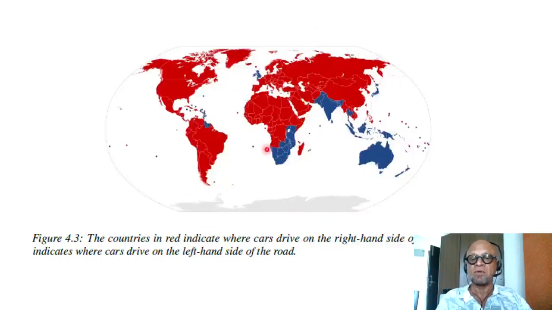That's most of the world, but the UK, little country here, has had a bad impact on all the other countries, because you can imagine manufacturing, putting the steering wheel on this side for a few countries as opposed to the left side for most countries is an unnecessary hassle. But some countries like Finland actually have switched sides along the way. So blue indicates where cars drive on the left side of the road.